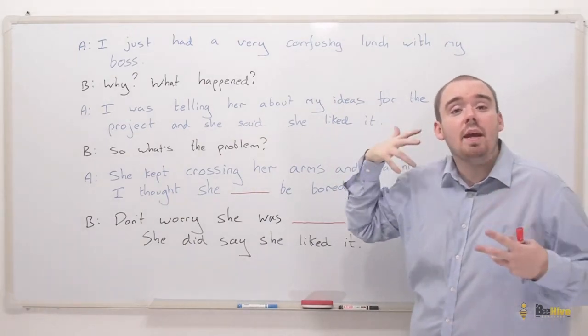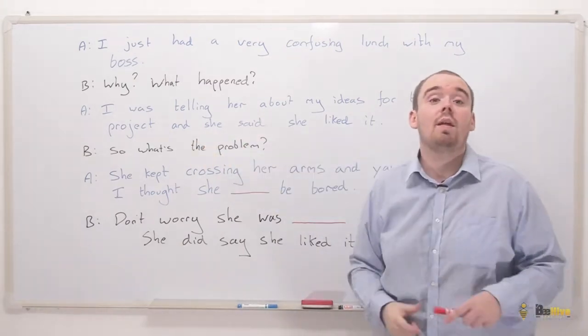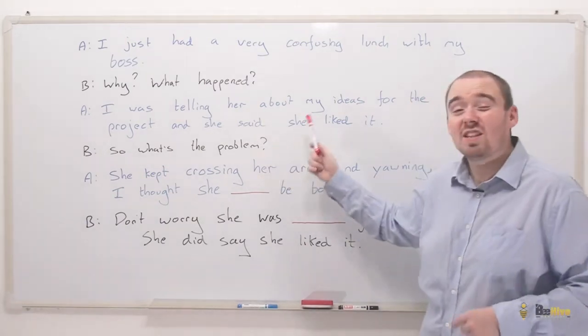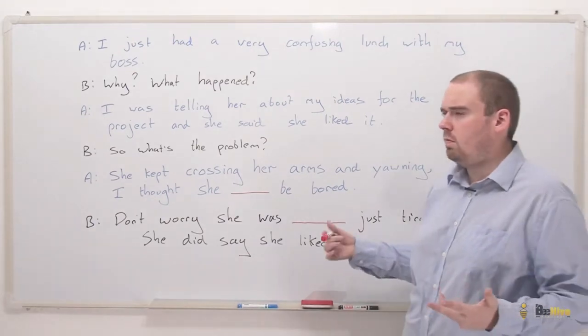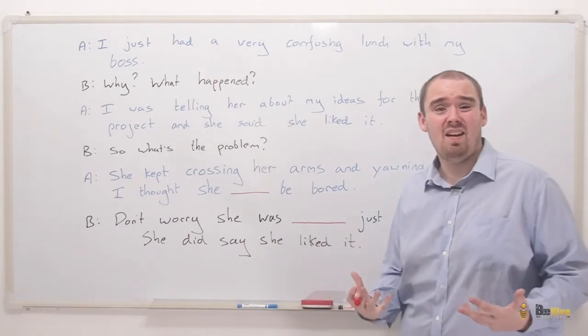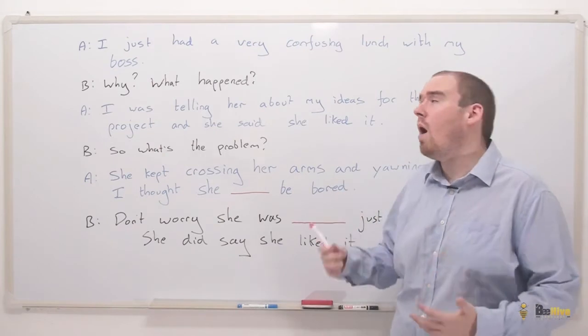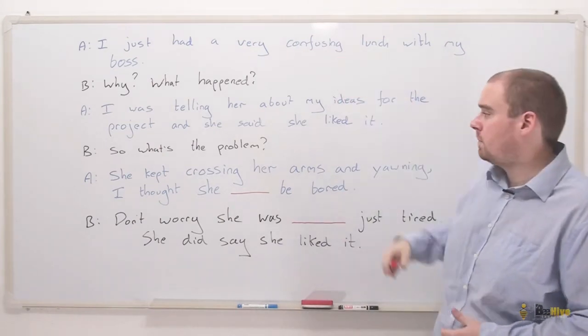She's been thinking about what they can do to help with what they're doing at work, okay? And then she's saying her boss liked her ideas. So person B thinks, well, what's the problem? That sounds okay, yeah? She liked the ideas, so he doesn't understand why the lunch was confusing.